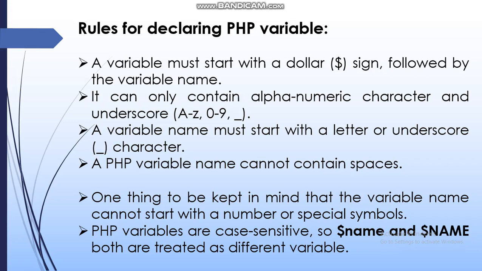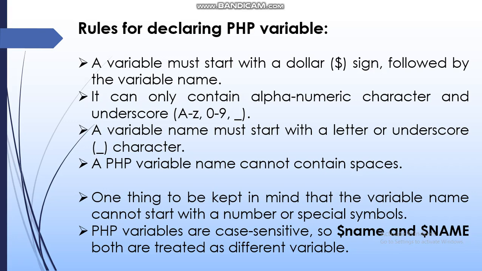Getting it everyone? What are the rules of declaring PHP variables? A variable must start with a dollar sign. It contains alphanumeric characters and underscore. The variable name must start with a letter or underscore. A PHP variable cannot contain spaces, and cannot start with a number or special symbols.